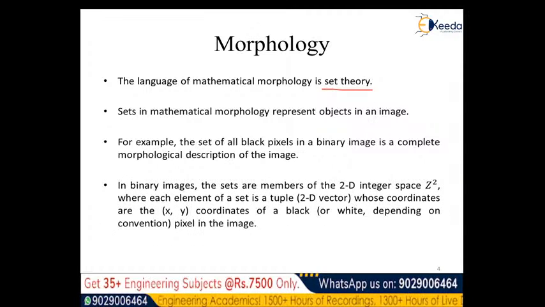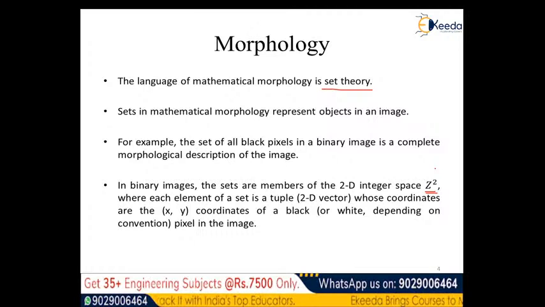And in the binary image, the sets are members of the two-dimensional integer space. In set theory, it is the practice to represent this space as Z squared. I hope you know the space very well. The space we can define in 2 dimensions, 3 dimensions, or multiple dimensions also.